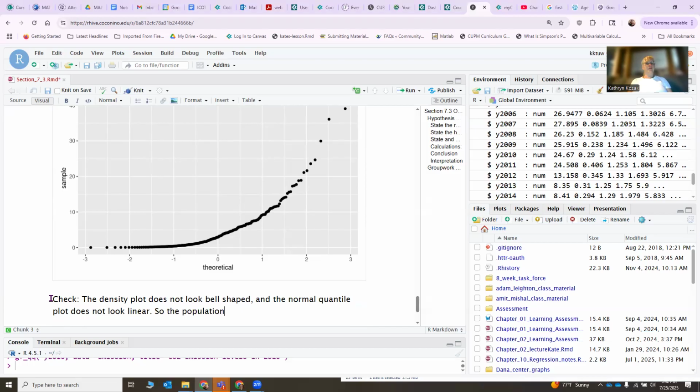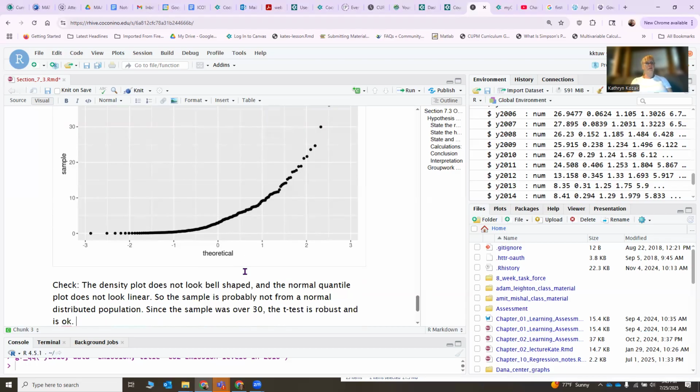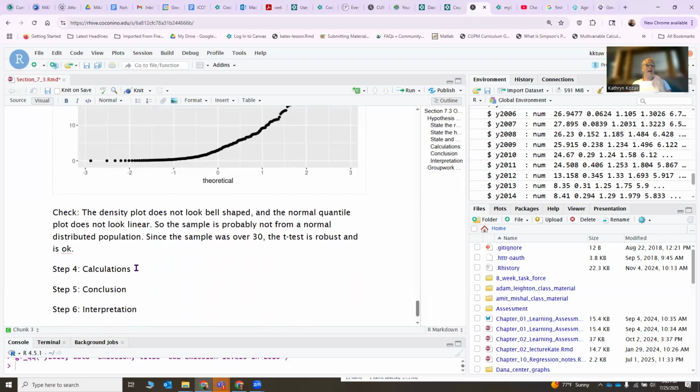So the sample, I should say, is probably not from a normally distributed population. However, in this case, the sample size was large. The sample size was above 30, so it's okay. Since the sample was over 30, the t-test is robust and it is okay. I probably wouldn't say okay in a publication, but for right now, I'll just say okay.